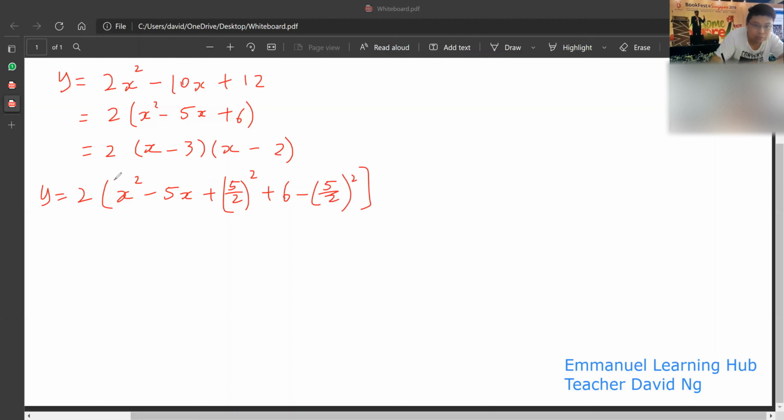Okay? Complete the square. Do you understand why we need to complete the square? Why? What's the purpose of completing the square?